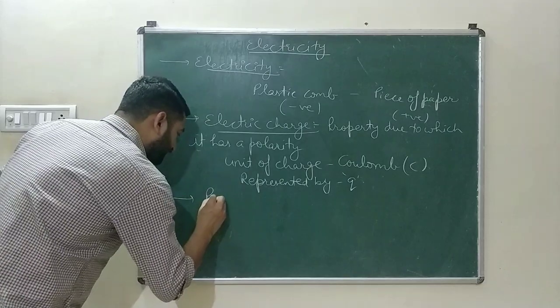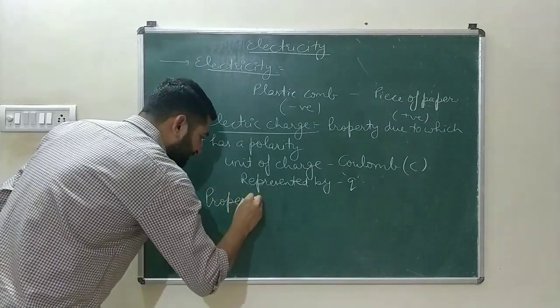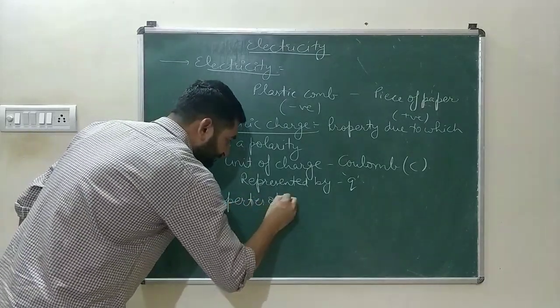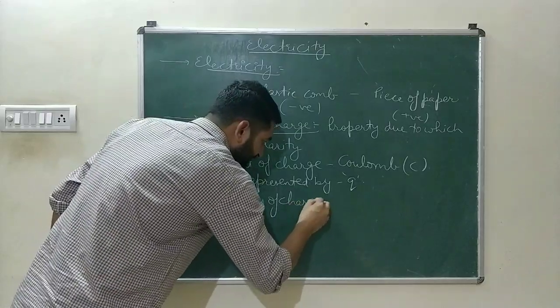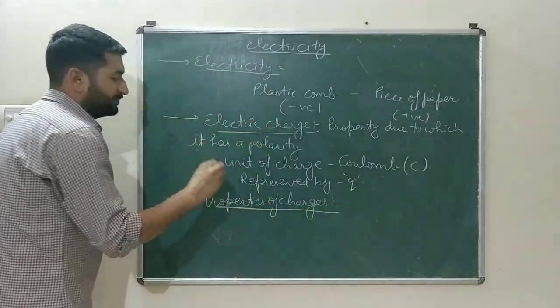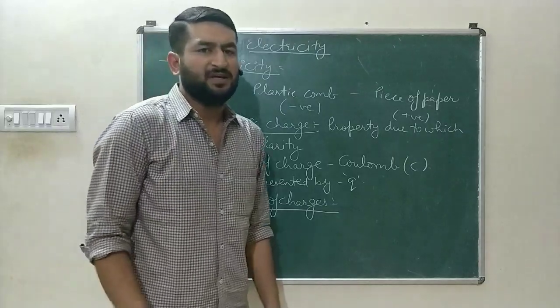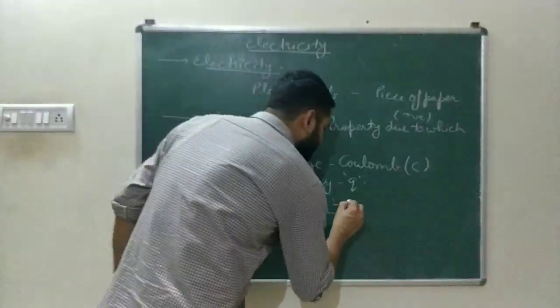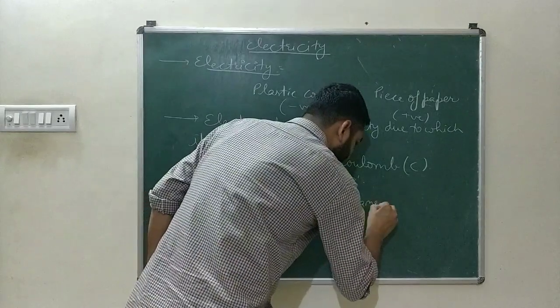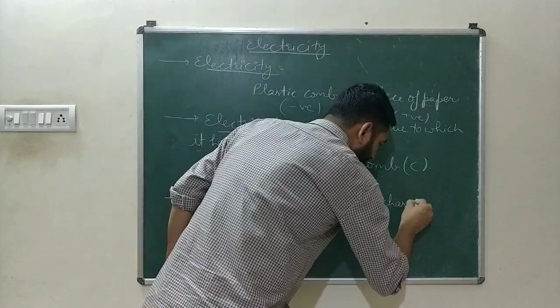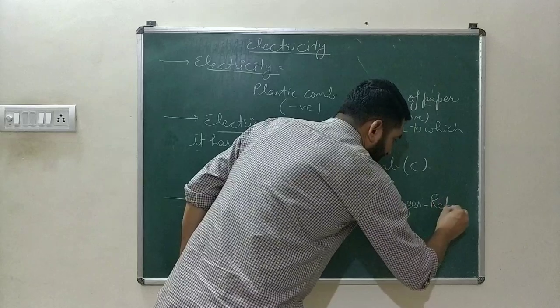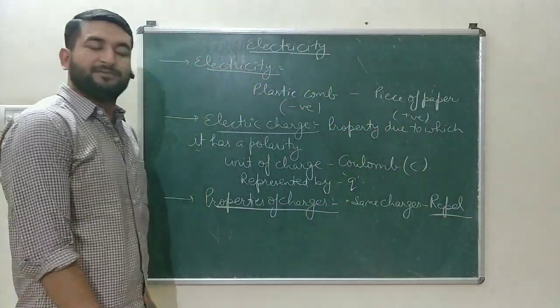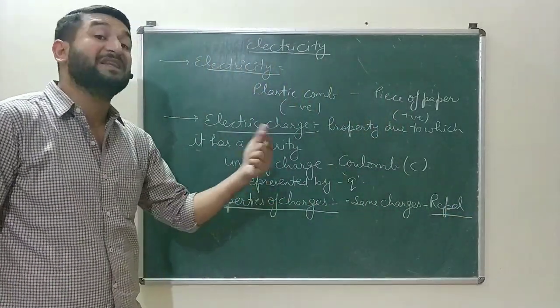Next, we have to discuss the properties of charges. What are the properties of charges? The two properties which we have discussed were very common: same charges repel each other, or like charges repel each other.